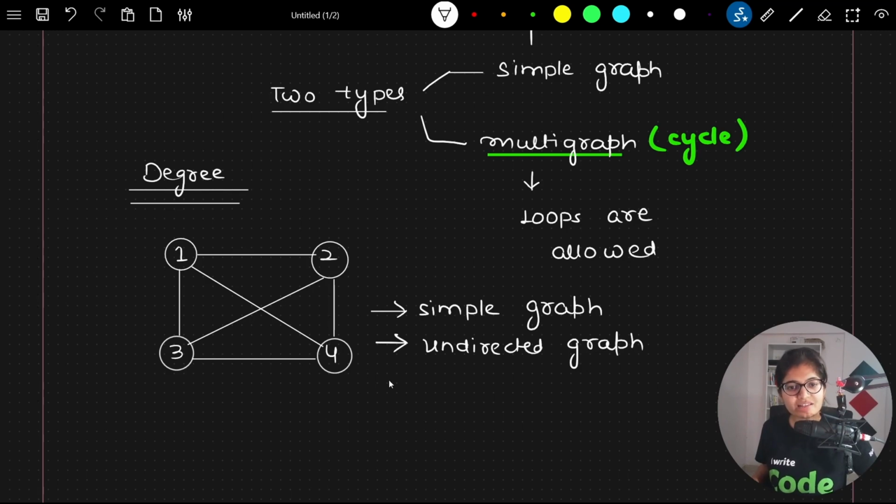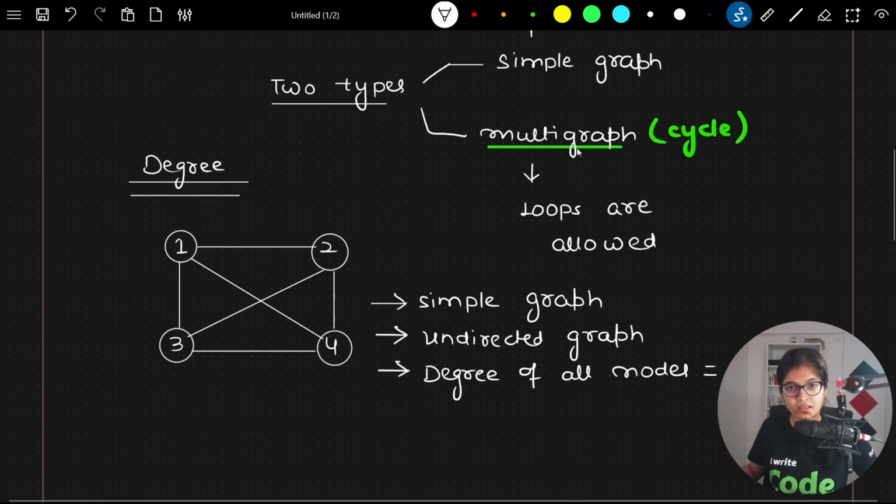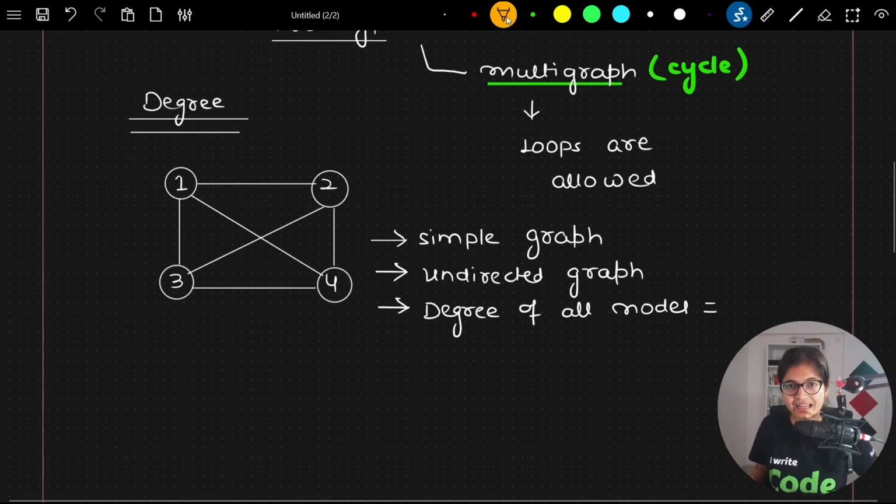Now if someone asks you, what is the degree of the nodes in this particular graph? What do we mean by degree? It is how many edges are attached to each and every node. For example, for node number 1, how many edges are there? 1, 2, and 3.